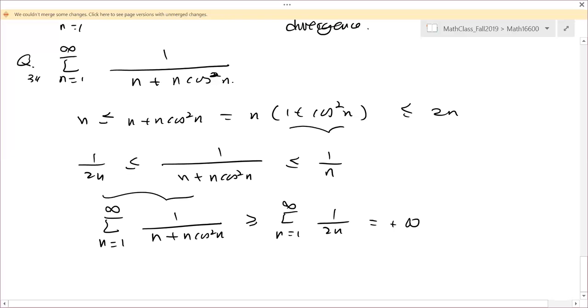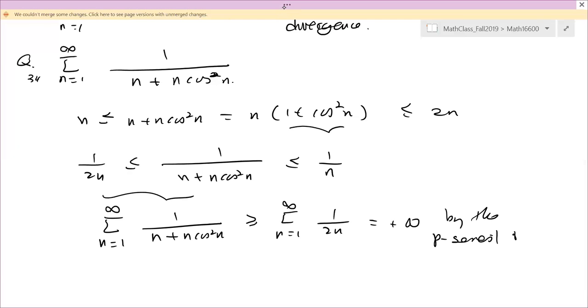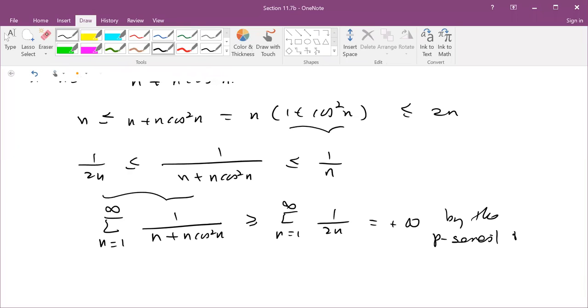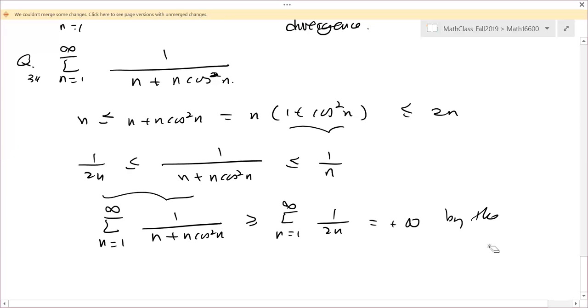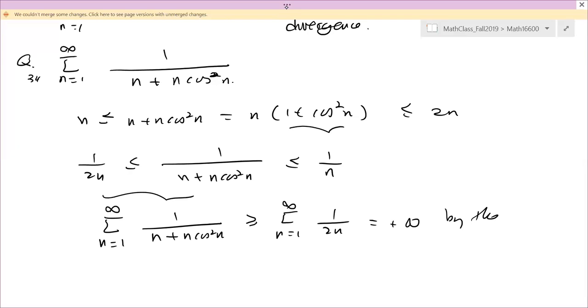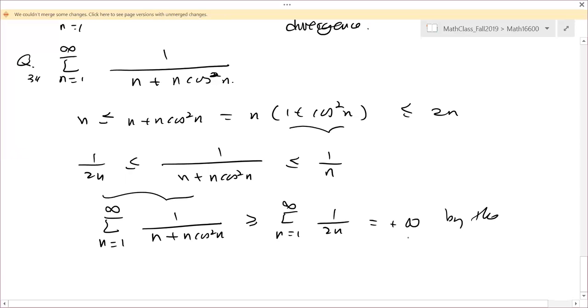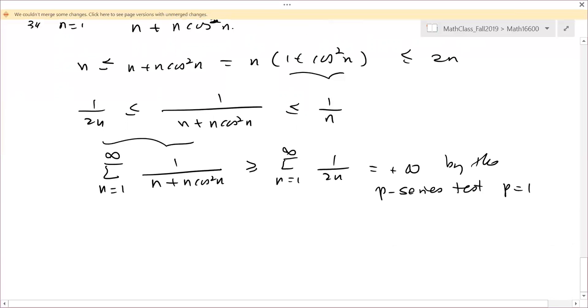This is by the p-series test. So anyway, you compare with the harmonic series. By the p-series test with p equals 1, therefore it is divergent.